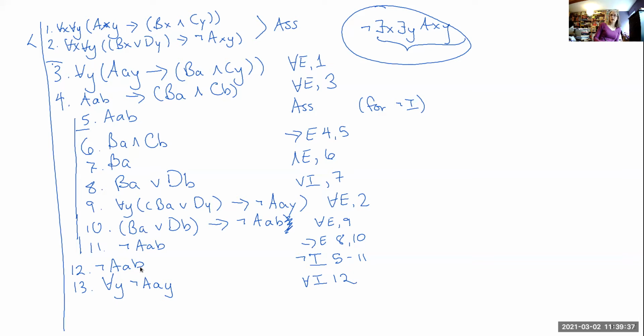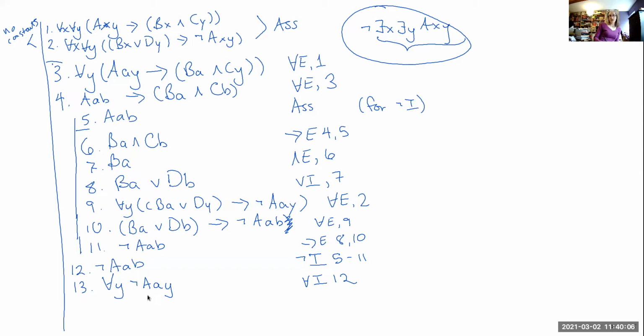I need to check that the constant I'm generalizing on doesn't depend on any of the assumptions, doesn't occur in any assumption that line 12 depends on. But there are no constants in my assumptions, so I'm good. I don't even have to check again now, because since there are no assumptions that contain constants, no constant that I use will be contained in one of the assumptions.